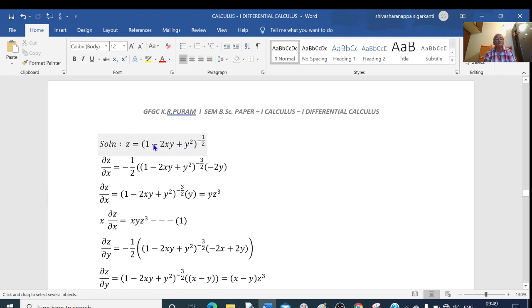One derivative is 0, derivative of this is minus 2y, derivative of this is 0, so that is minus 2y. Here this 2 gets cancelled, minus into minus becomes plus, this is equal to (1 minus 2xy plus y²) to the power of minus 3 by 2 into y.